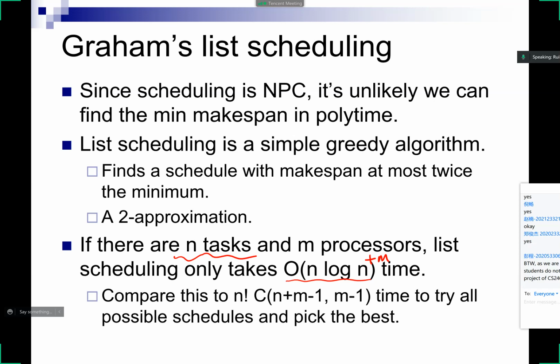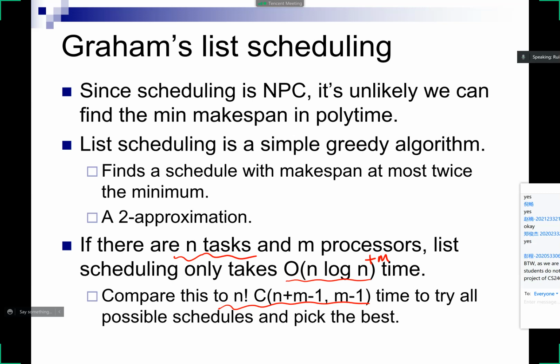So it's a very cheap running time. If you compare this to finding the optimal schedule, I'm not going to derive it, but it's some sort of exponential time if you try all possible schedules and then pick the best.